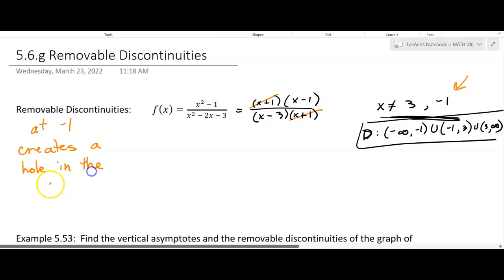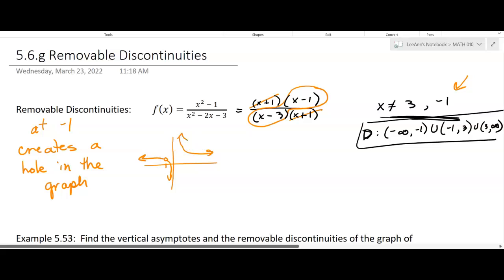In the graph. However this graphs, it's going to be some rational thing. Anyway, we're going to learn how to do that. But at -1, there's going to be a hole in the graph there. So it might go something like this. I wasn't going to take the time to graph it.